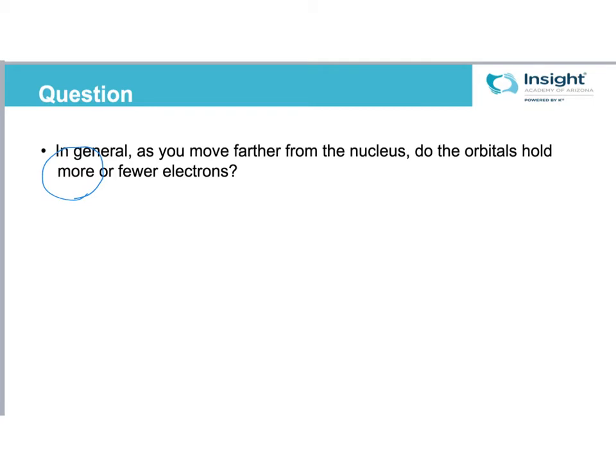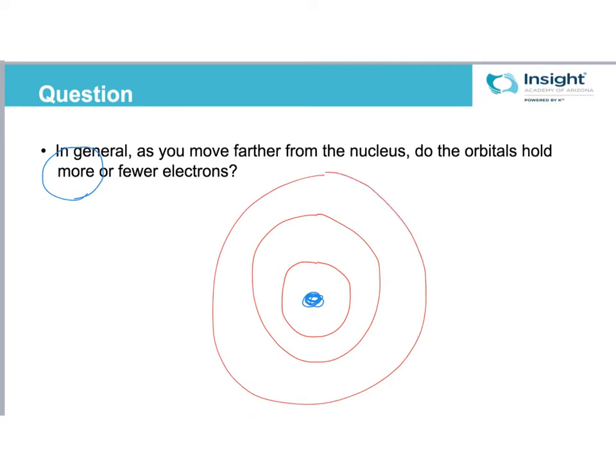If you think about it, here's our nucleus, and then we've got orbital 1, orbital 2. What's going on as I draw those circles? Hopefully you're seeing that as you get further out, the circles get bigger. So it makes sense that they would have room for more electrons.